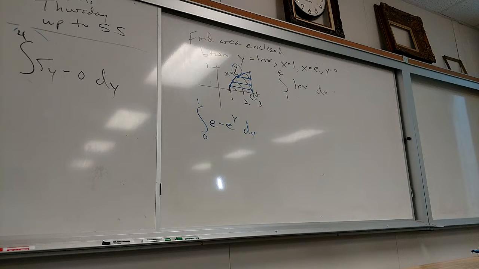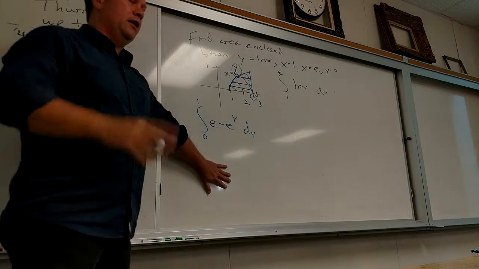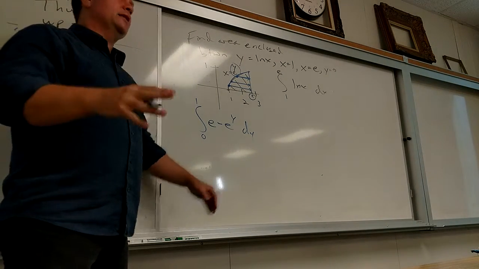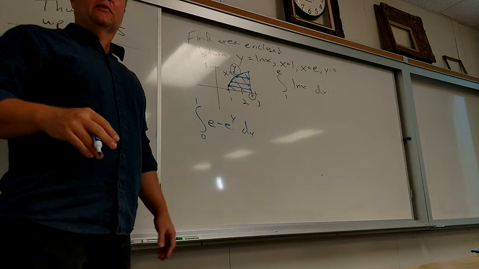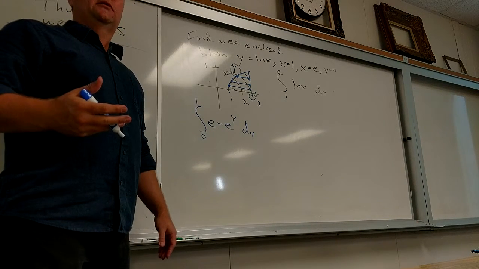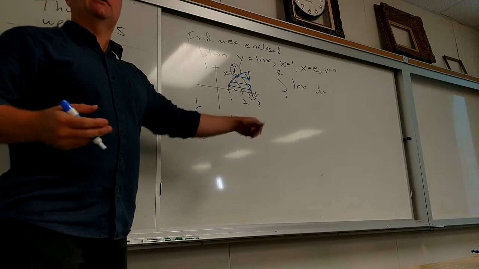Now this freaks people out because one of those is a function of y, and the other one is not. Which one of these is a constant? E. So what's the integral of e dy?